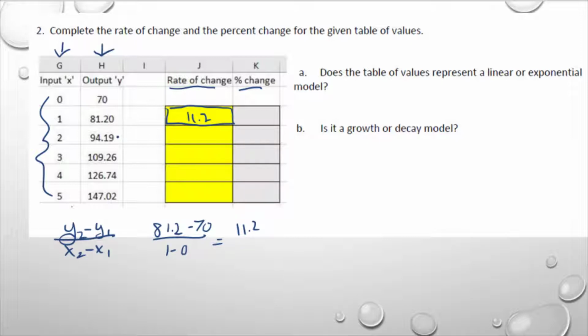Do one more. It's going to be 94.19 minus 81.2. And for this one, I'm getting 12.99.